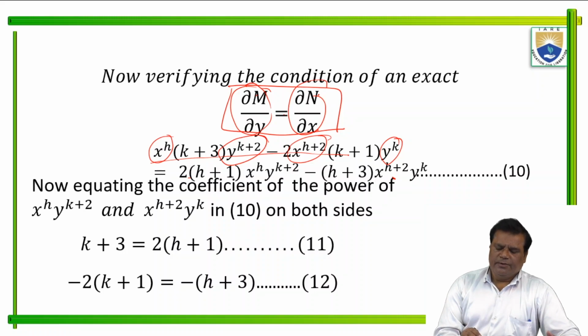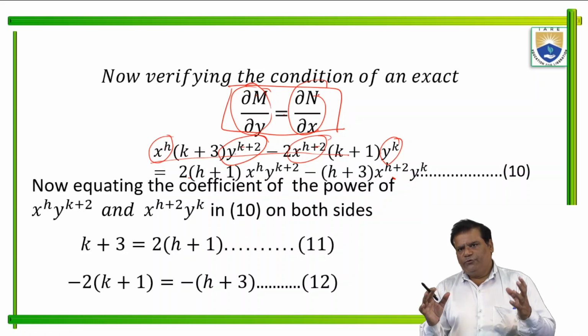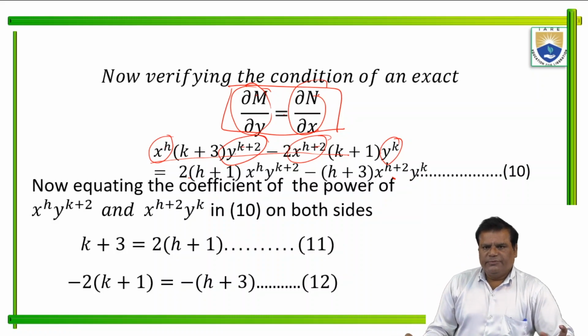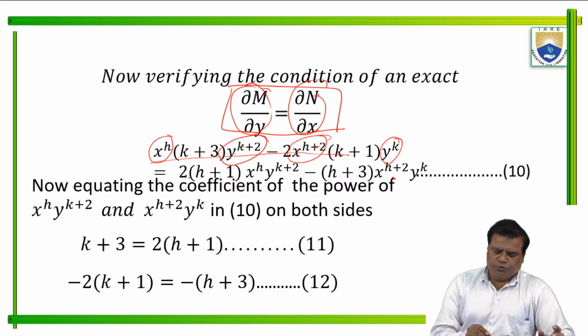Left hand side has x to the power h and y to the power k plus 2 in the first term, and the right hand side has the same power in its first term. Now the second term of the left side, x to the power h plus 2 and y to the power k, similarly has the same power in the right hand side second term. So if two terms on the left and right sides have the same powers, then we take the coefficients of the powers equal.